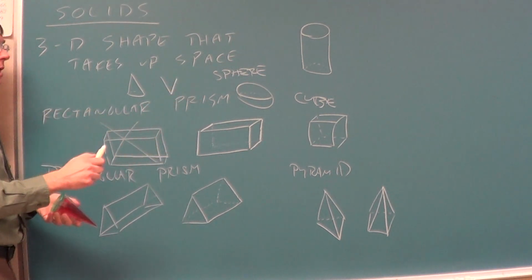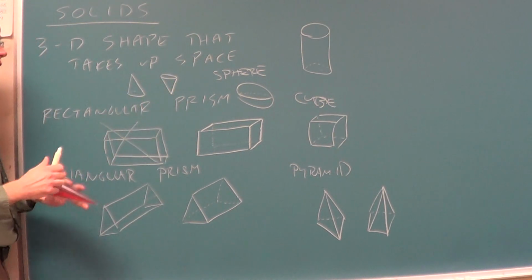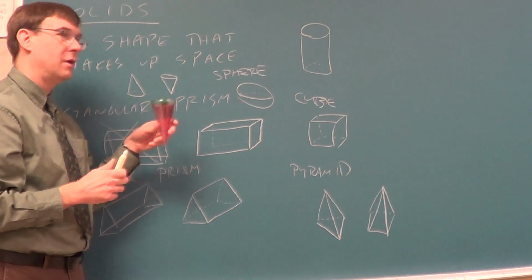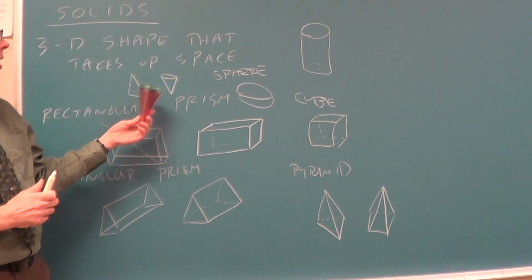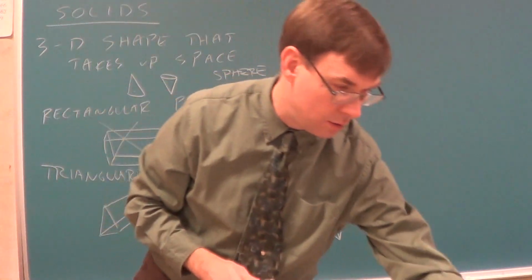Or you could go ice cream cone. Do the V for the ice cream cone first, and then an oval top, so you've got your ice cream ready to dump in there. Either of those is a fine representation of a cone.